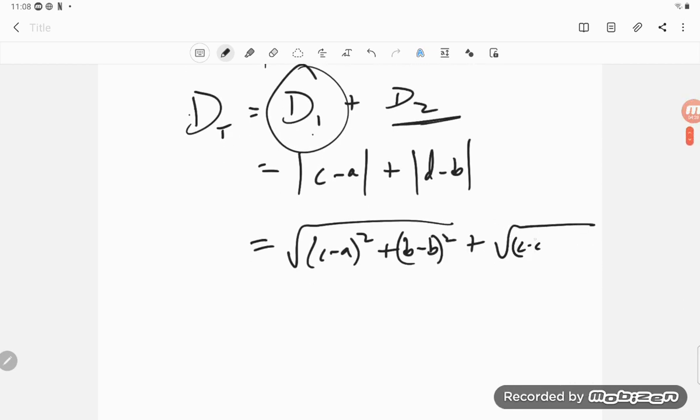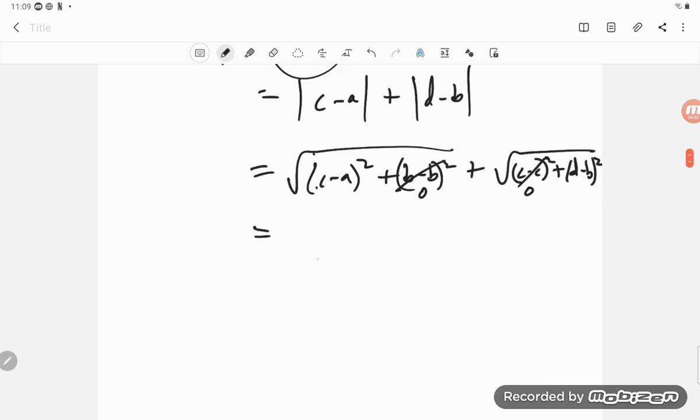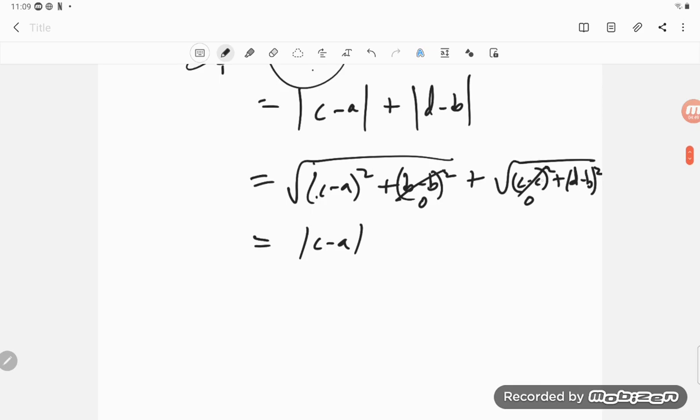C minus C squared, and then plus D minus B squared. Now, what you notice is, hey, that's 0, and that's 0. And so I get the square root of C minus A squared. But that is the absolute value of C minus A. And then I get the square root of D minus B squared, but that is the absolute value of D minus B.